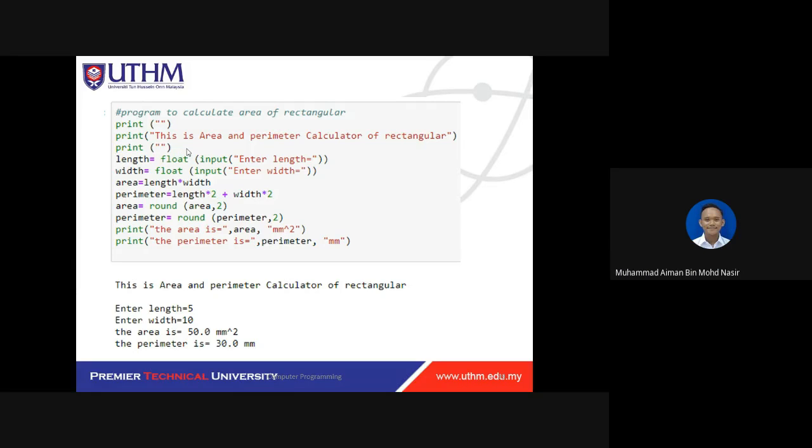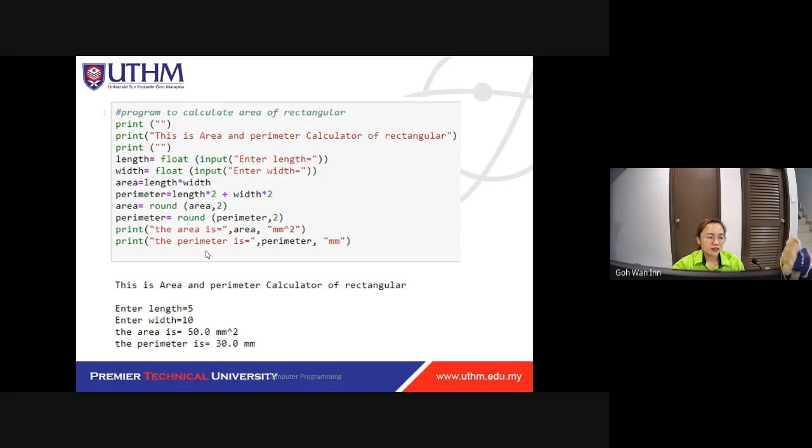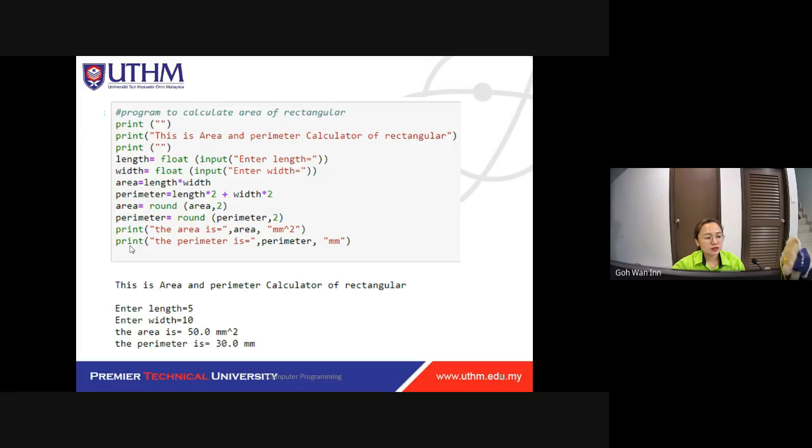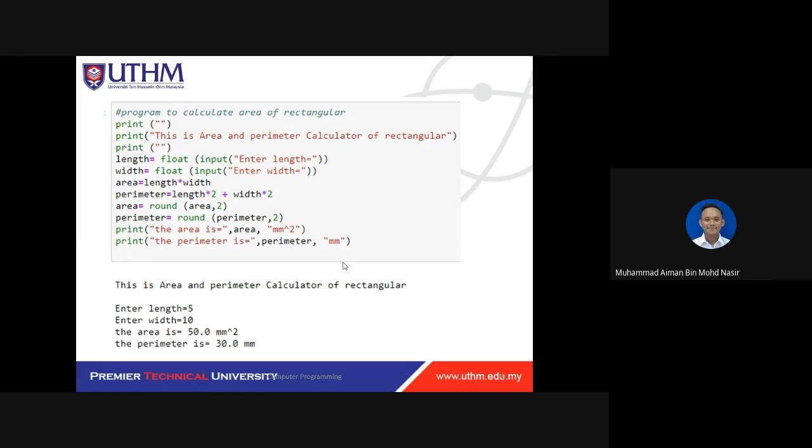I mean, we do it as usual, length, width and area, up to here. Then the perimeter we do below. Can also. Alright. But then you no need to ask for the input again. You can keep the input, then you make perimeter equal to length times 2 plus width times 2, right?